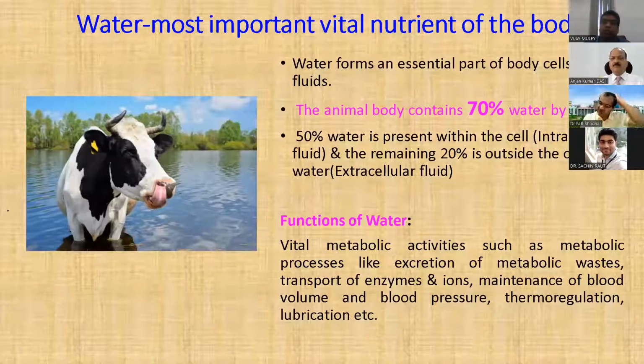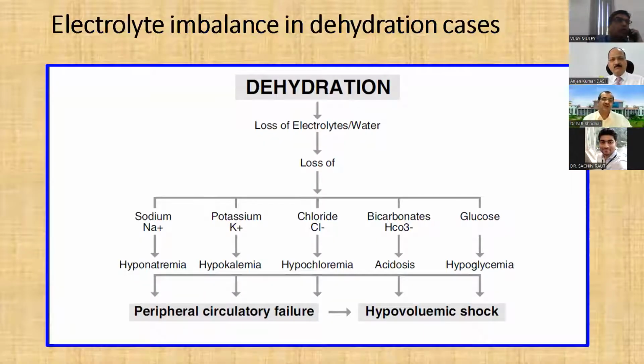And already we know that water has several metabolic functions, especially it is required for the activation of enzymes, ions, etc. Then dehydration causes electrolyte imbalance, especially of sodium, potassium, chloride, bicarbonate, and glucose, which causes hyponatremia, hypokalemia, hypochloremia, metabolic acidosis, and hypoglycemia. So ultimately this will result in peripheral circulatory failure, and hypovolemic shock is going to happen to the animal.